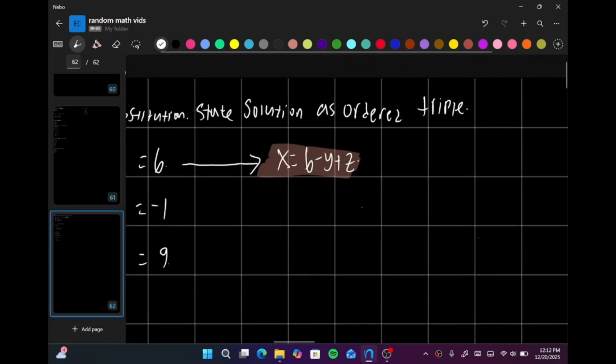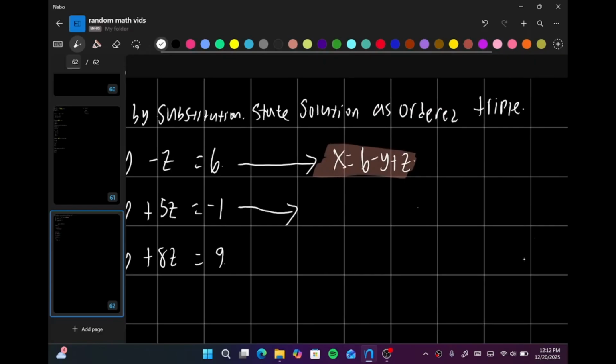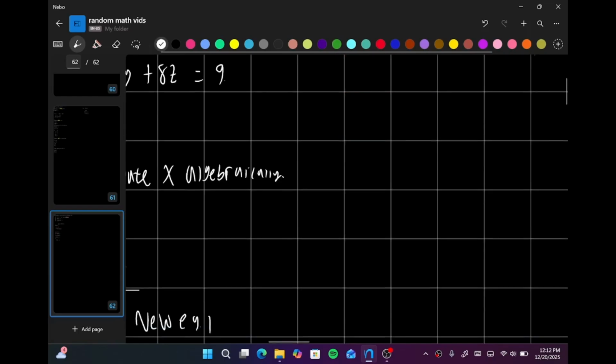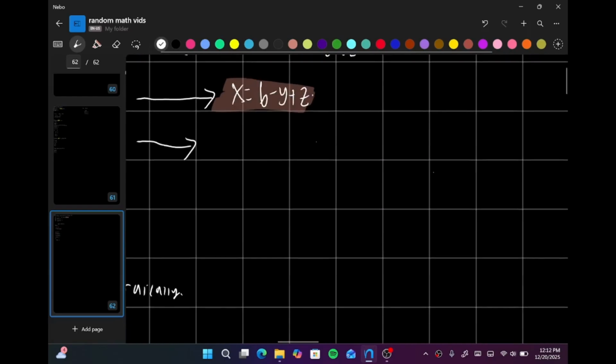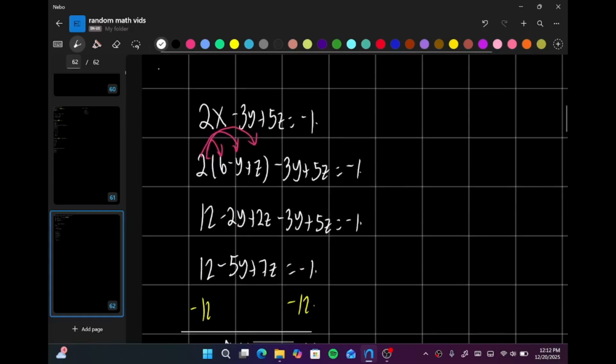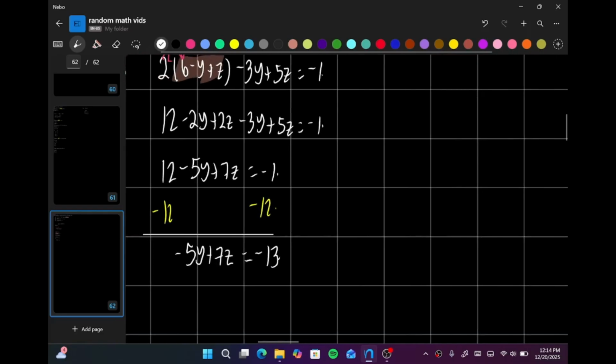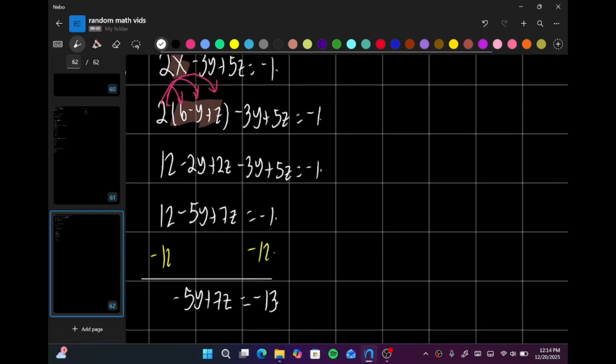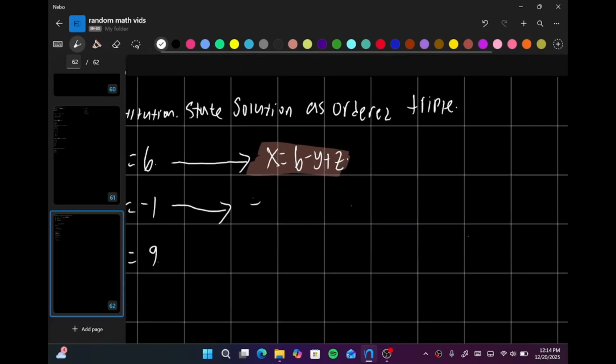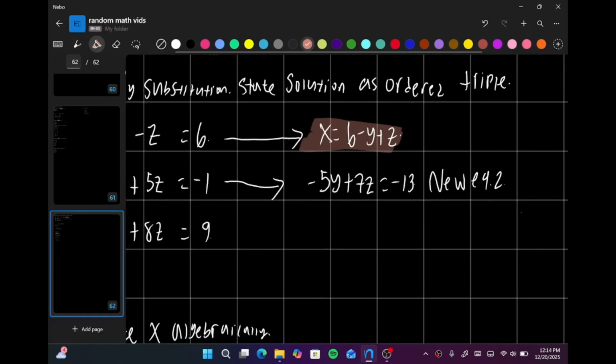I forgot to label here, this is what we're substituting, guys. So for equation 2, it's going to be negative 5y plus 7z equals negative 13. Let this be new equation 2.